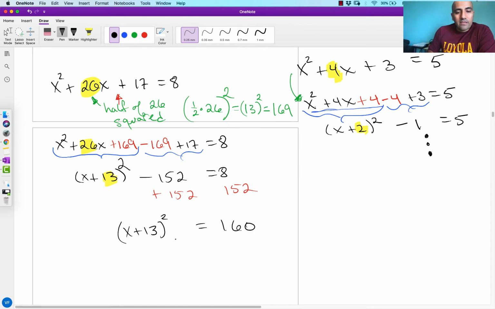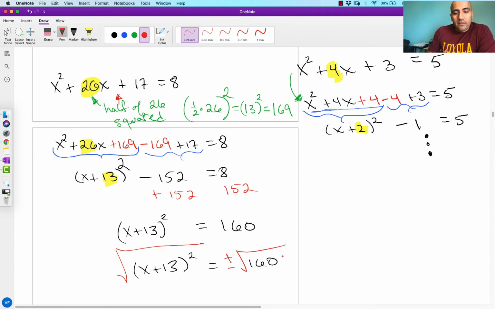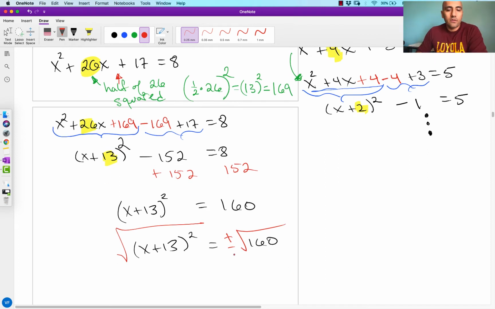And now that I have it in this format, I know that the next thing I can do is simply take the square root of both sides. Take the square root of that side, plus or minus the square root of that side. I don't know what that is, but it's some decimal. I can use my calculator to approximate it, or I can leave it alone.